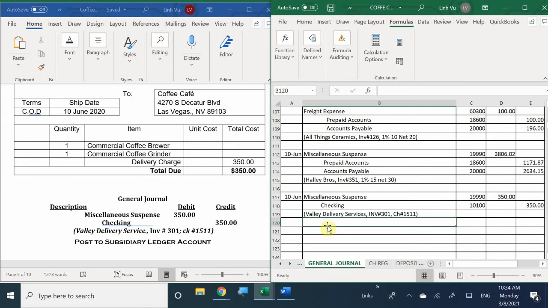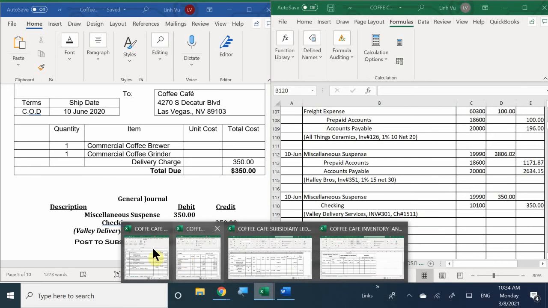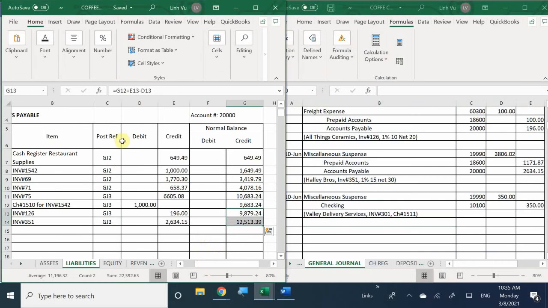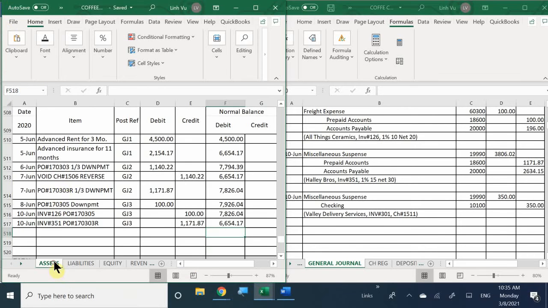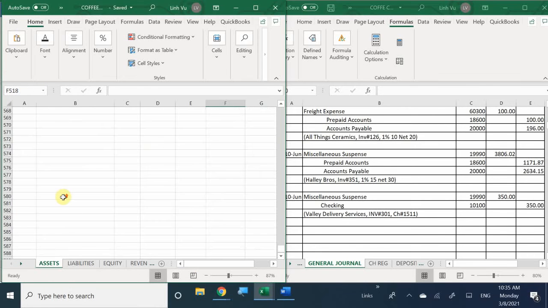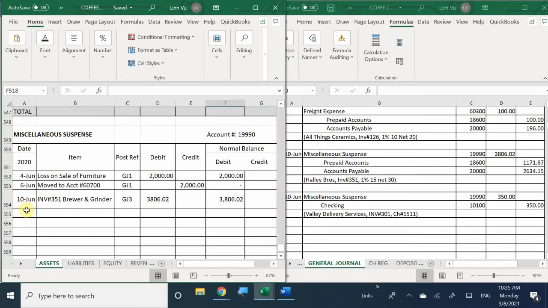Okay. And now we go to the ledger. So the ledger, we're going to go all the way down to miscellaneous suspense, which is all the way down at the bottom of our page. Here we are, miscellaneous suspense.